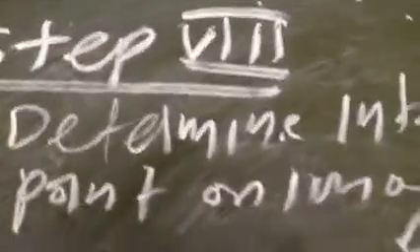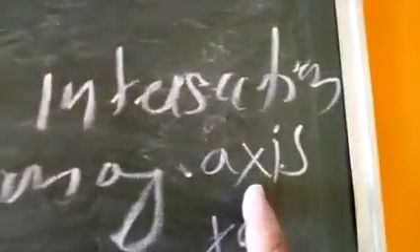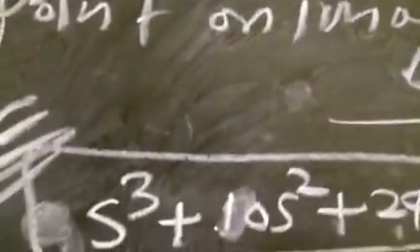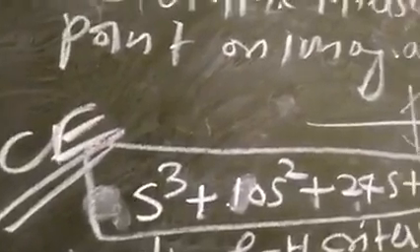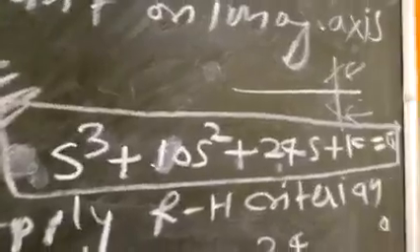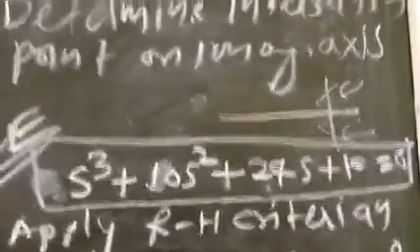The next step is to determine the intersection point on the imaginary axis. For this we determine the point of intersection on the imaginary axis with the help of the RH criterion. Here we apply the RH criterion.